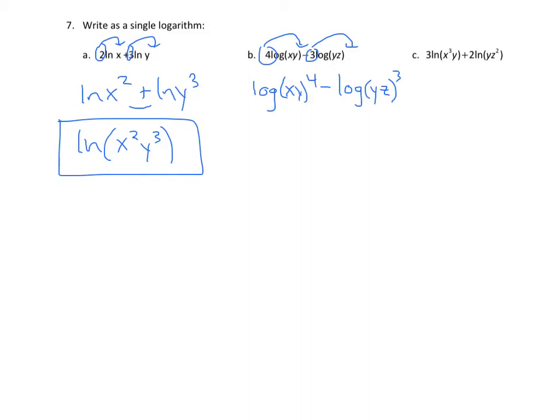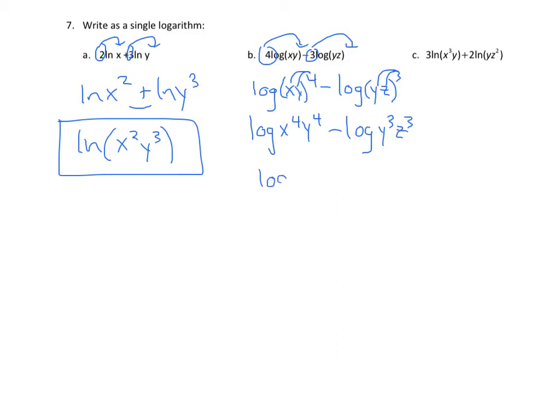Okay, then I'm going to distribute that exponent to those terms, and we get log of x to the fourth y to the fourth minus log of y to the third z to the third. And now I'm going to condense it into a single log.